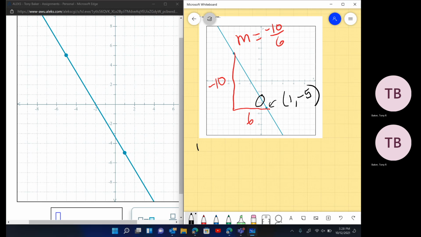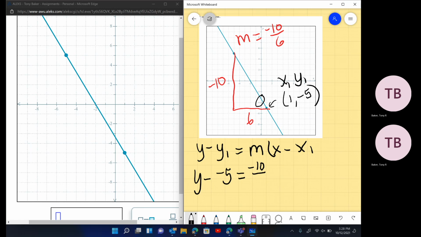So now remember, we're going to use the y minus y1, m times x minus x1. My point is x1 and y1. Not x and y, x1 and y1. Because I want to keep the x and y in the problem. So this is y minus -5 equals -10 over 6, x minus 1.